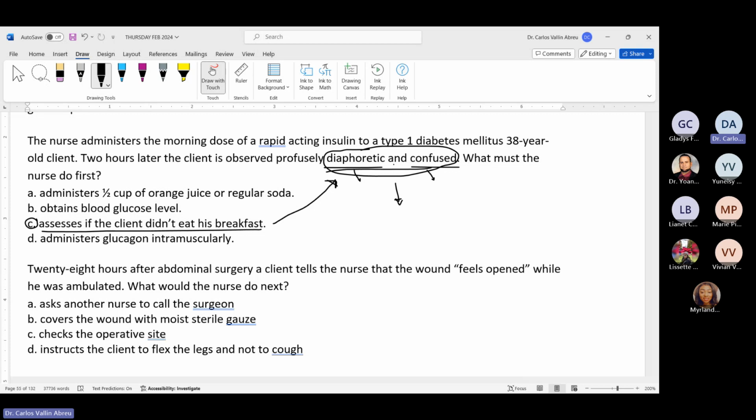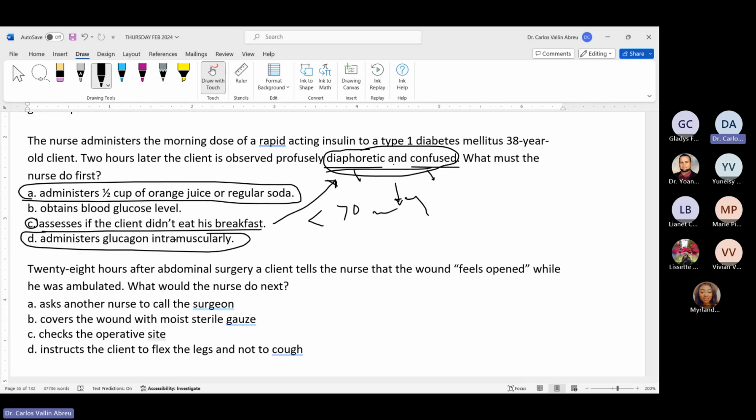Once we confirm that the client is having hypoglycemia, which means a capillary blood sugar less than 70 milligrams per deciliter, then we determine if the client is conscious enough to administer a dose of oral sugar, or if the client is not conscious enough, to avoid potential aspiration, and then we administer either glucagon intramuscular or the 50 percent dextrose intravenous, depending on what we have or the situation. So the answer of this question must be C.